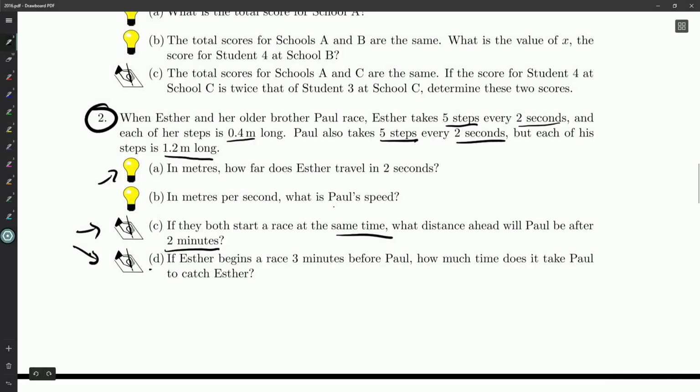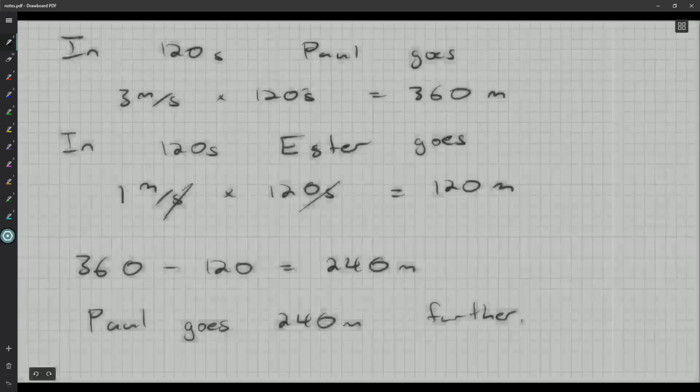Okay, so D part. If Esther begins a race 3 minutes before Paul, so she gets a little bit of a head start, how much time does it take for Paul to catch Esther? So we know their speeds. We worked them out just a moment ago.